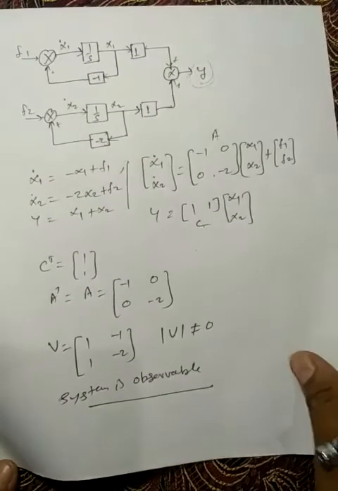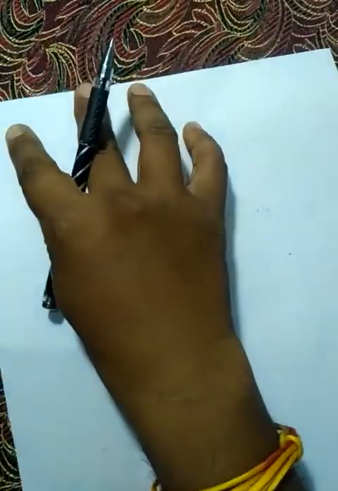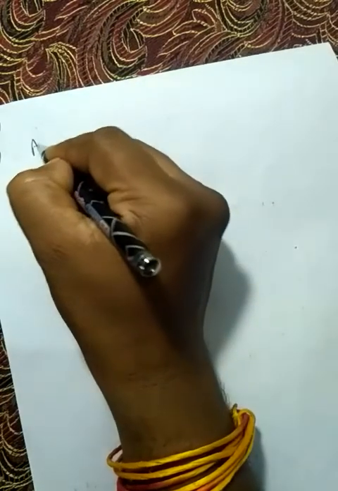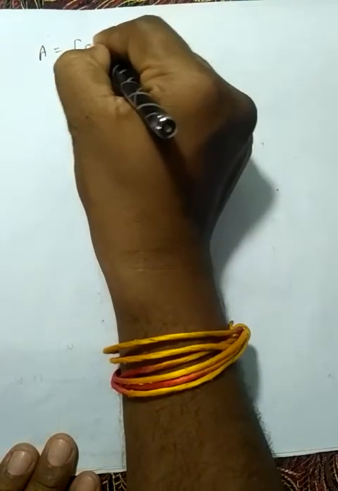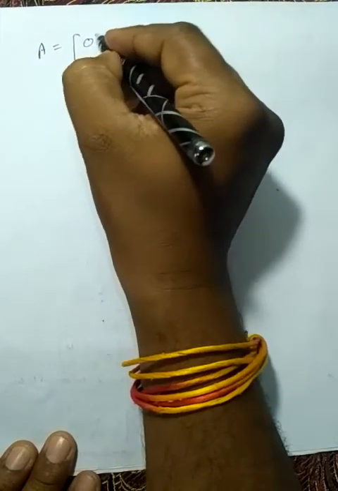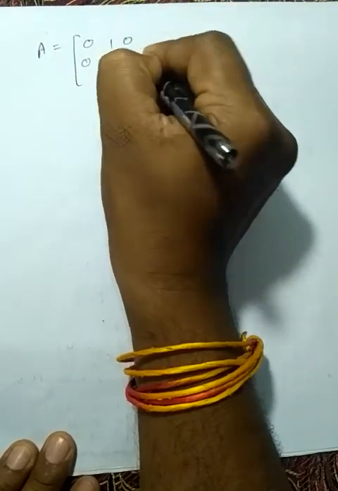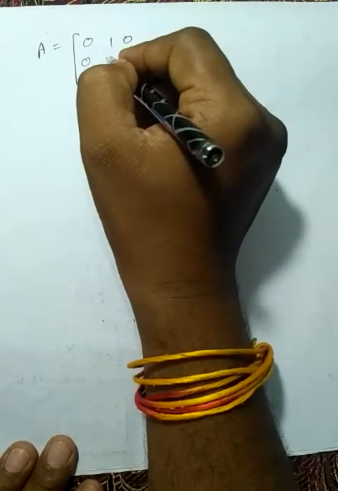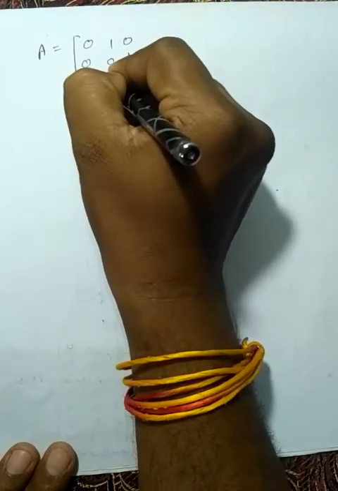Another question, from transfer function. We have given a matrix A. Matrix A is equal to 0, 1, 0, 0, 0, 1, 0, minus 2, minus 3.